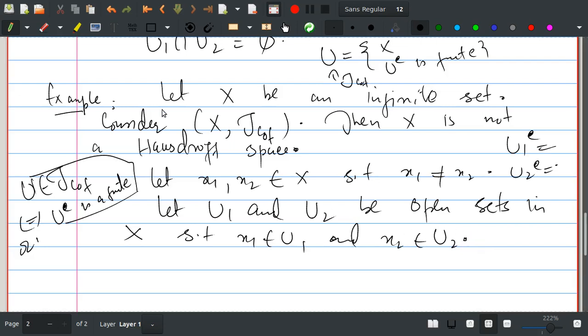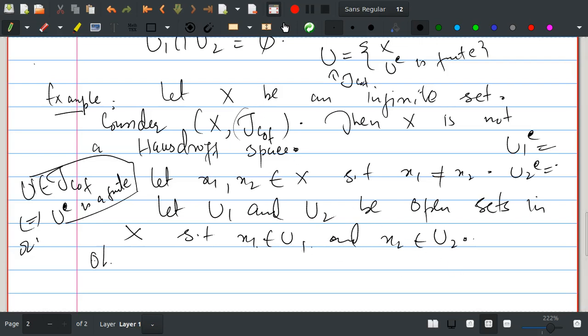Now we claim their intersection will be empty. We know the cofinite topology consists of all subsets of X whose complement is finite, and the empty set. Now U1 and U2 are non-empty because x1 is in U1 and x2 is in U2.